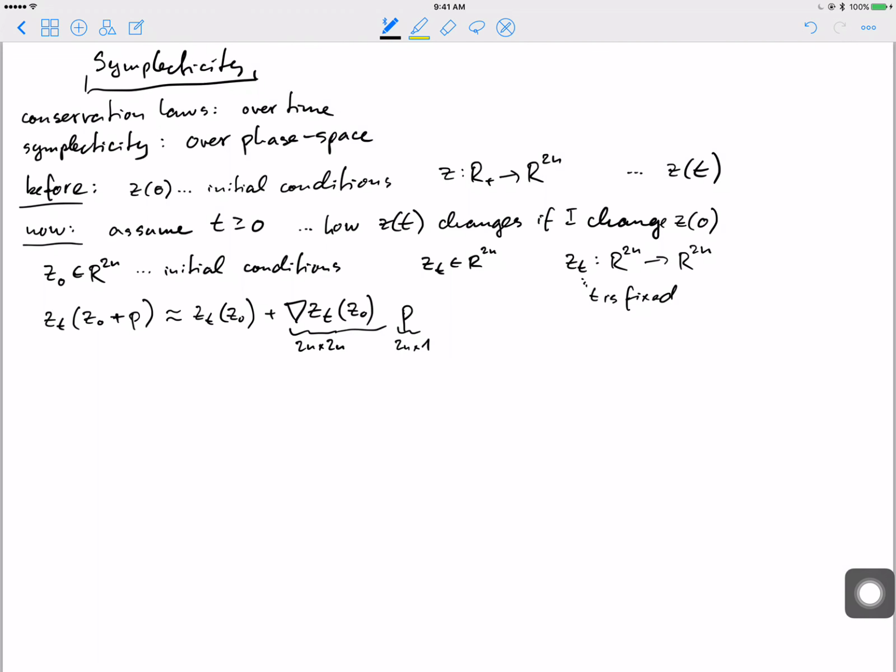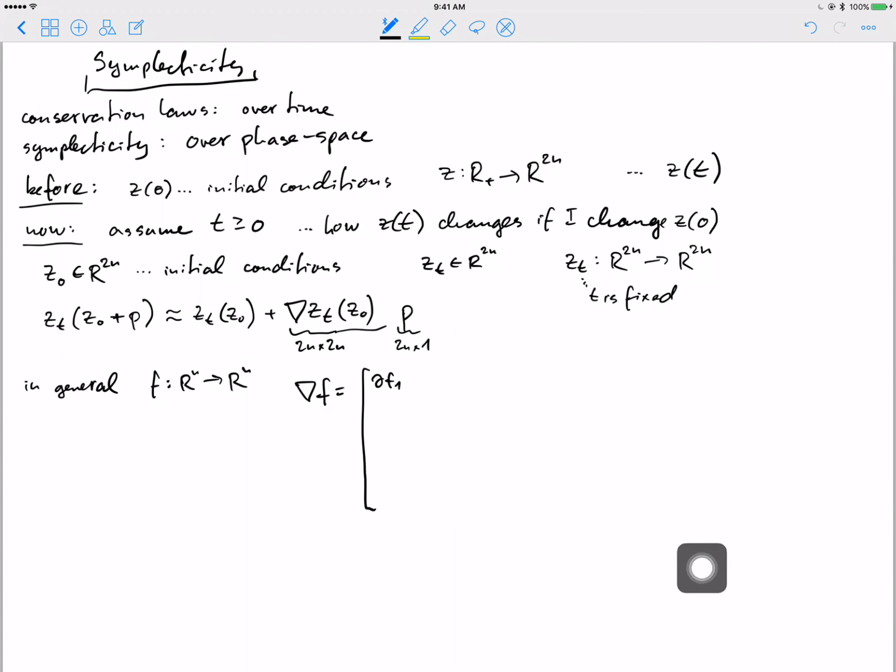Just to make sure we are all on the same page, if we have a function from Rn to Rn, then the Jacobian of the function f is a matrix of the first derivatives of the function, okay? All the partial derivatives. I take the first component of the function. It's a vector function, right? So the output has n components.